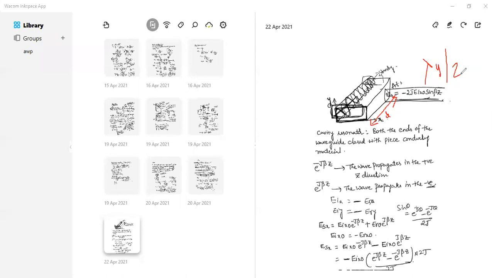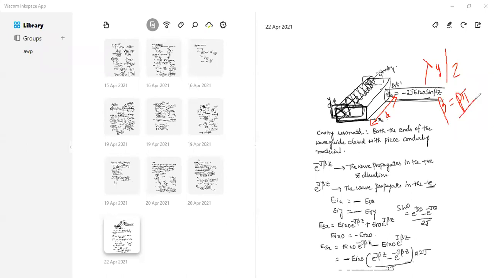And another condition: when beta is equal to p pi by D, you are going to get resonance. These two are very, very important conditions.